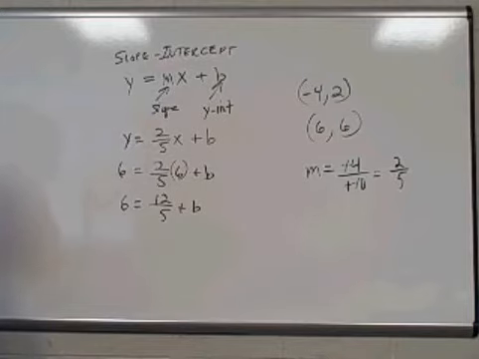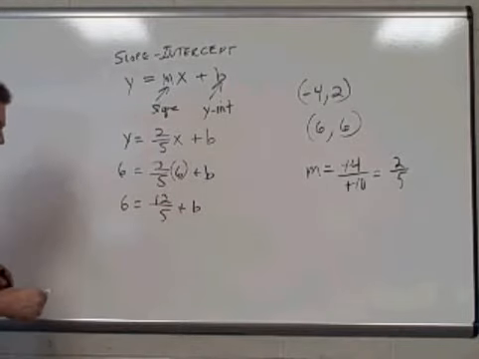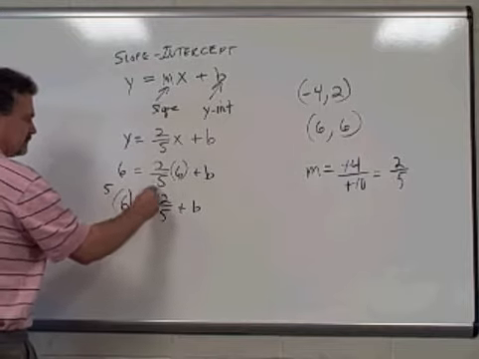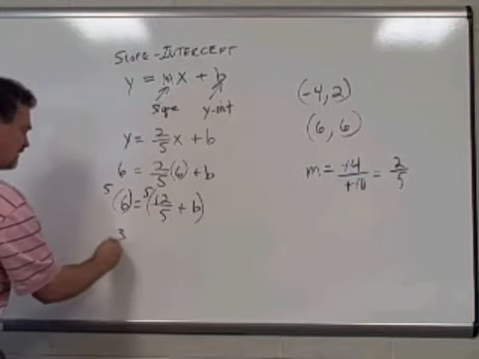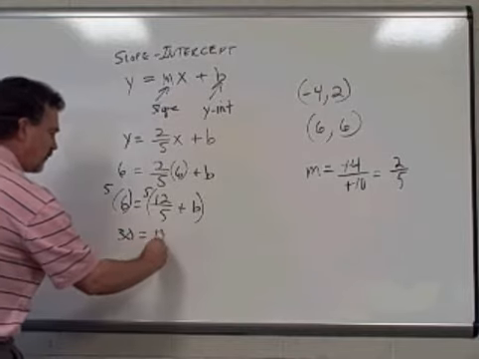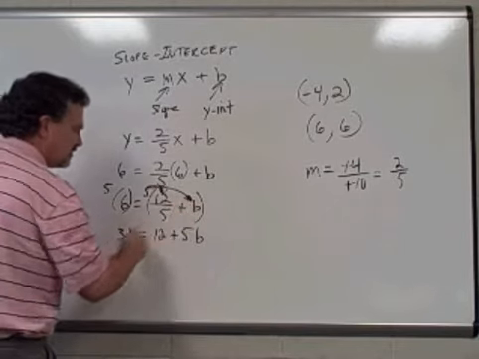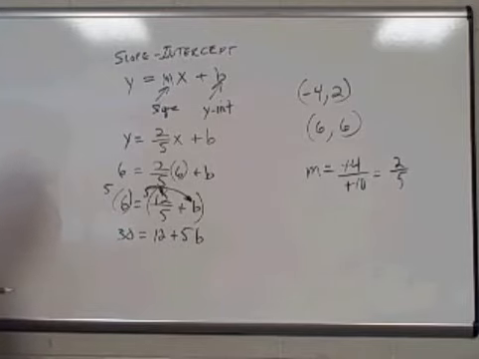Well, then why don't we get rid of the fractions like we did before in solving linear equations with one variable? Let's multiply both sides of the equation by 5. So I have 30 equals 12 plus 5b when I distribute that multiplication of 5 times both of those terms.